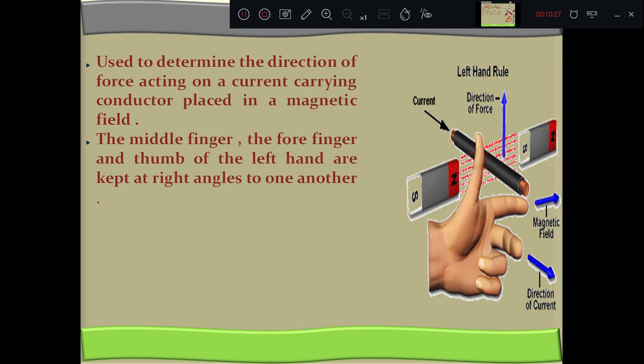That relative motion is provided by the mechanical energy. Because of the rotation, the conductor starts rotating, and because the conductor cuts the magnetic field, there is an induced voltage in the case of the generator.